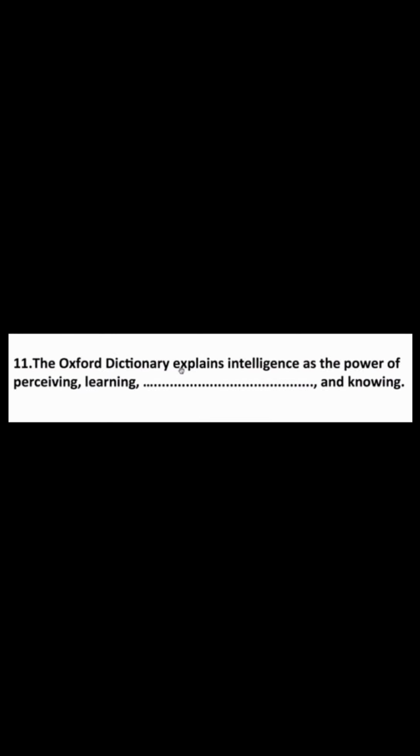Okay, children, now let's see the next statement. The Oxford Dictionary explains intelligence as the power of perceiving, learning, dash and knowing. What could be the answer? CBSE will give you these types of definitions. From there they make the objective.